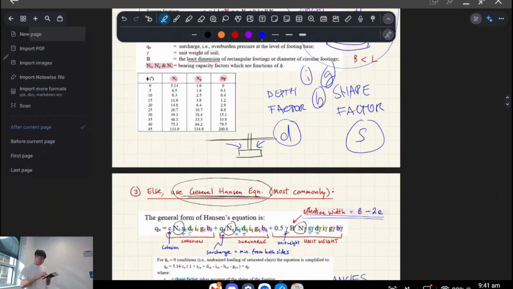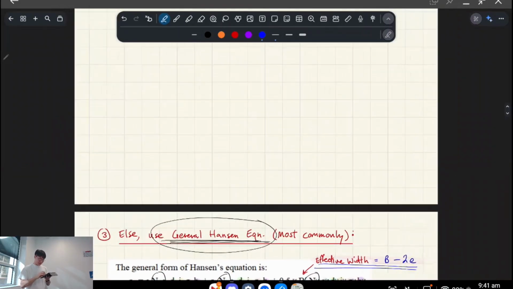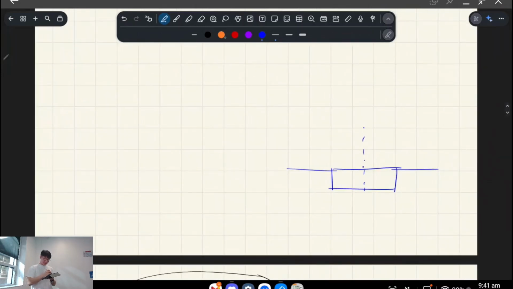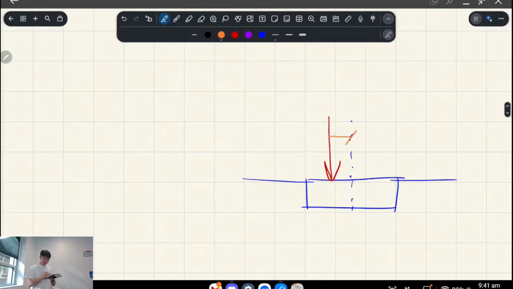So one thing that's rather important to know is if you have a foundation like this, and say your column load isn't exactly in the middle, right? So if that's the middle of your column, the middle of your pad, and your load's applied here, we basically have something called eccentricity, right?